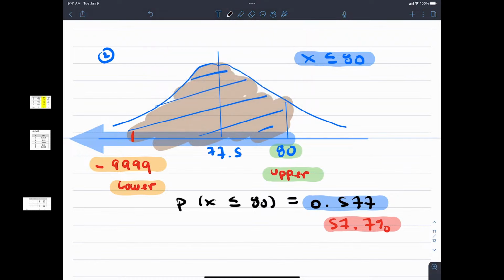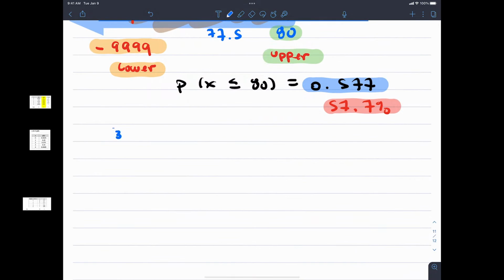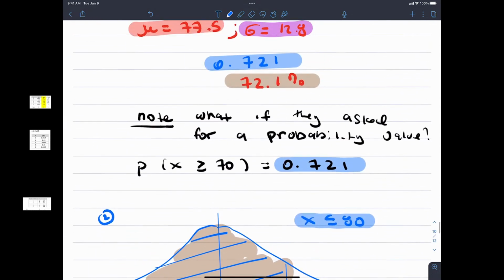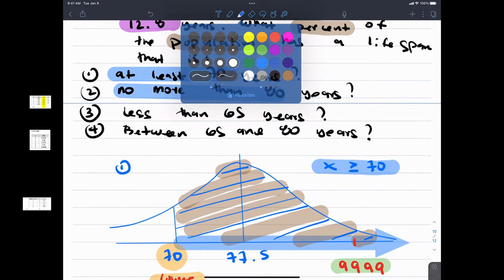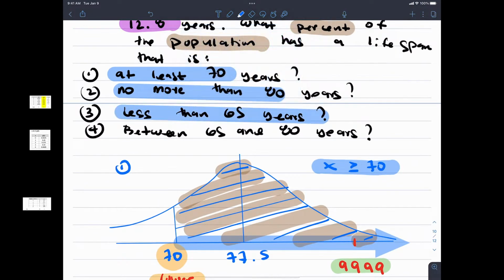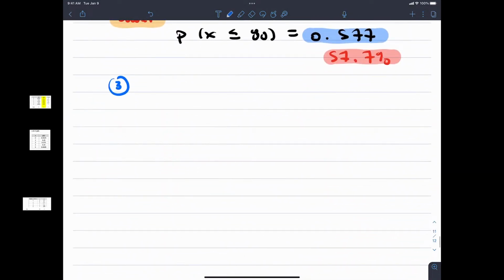All righty. Let's do number 3 here. What was number 3 now? Do you guys remember? It's what? Less than 65. So, okay. Less than 65 years. So draw a picture of the question. The center is always the mean.